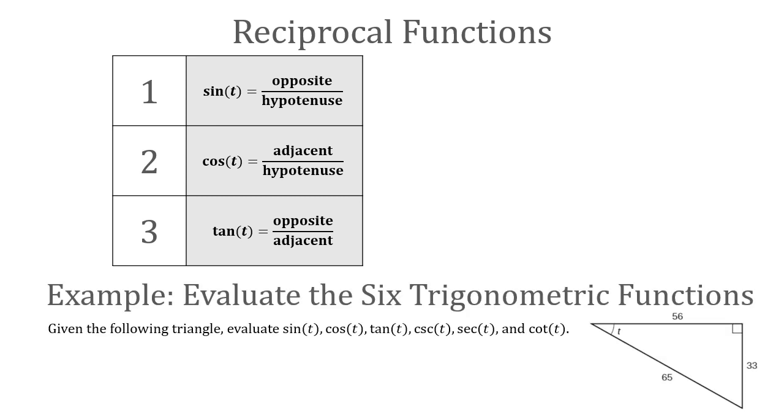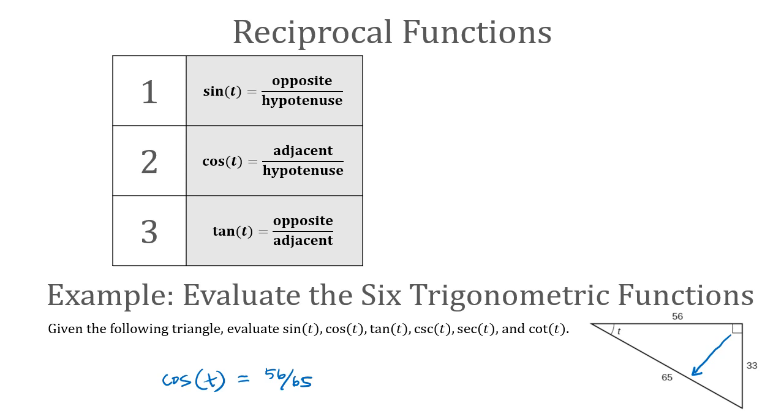So in this example, we're asked to evaluate the 6 trigonometric functions of angle T. Now this triangle is the same triangle that we saw in part B on the previous slide. It has a hypotenuse of length 65. It has two remaining sides of length 56 and 33, and angle T is in the upper left-hand corner. And what we said was that the cosine of angle T was equal to 56 over 65.